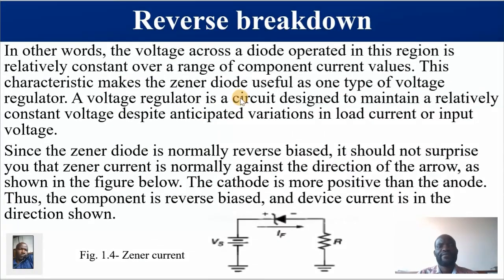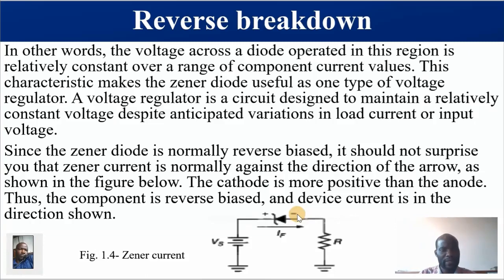More on reverse breakdown, as I said, deeper into the Zener diode. This Zener diode is reverse biased, as we can see, but please take note of the voltage across it. It is a positive voltage. When the negative is there and positive there, which does not happen across a Zener diode, we say it is a negative voltage.